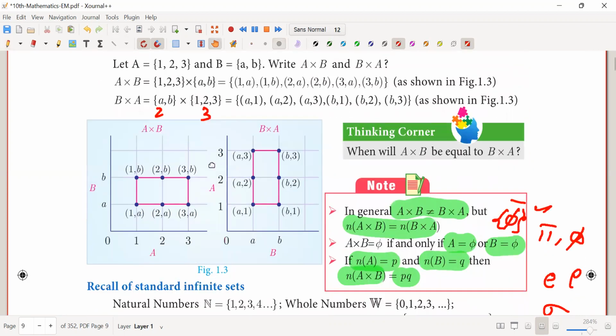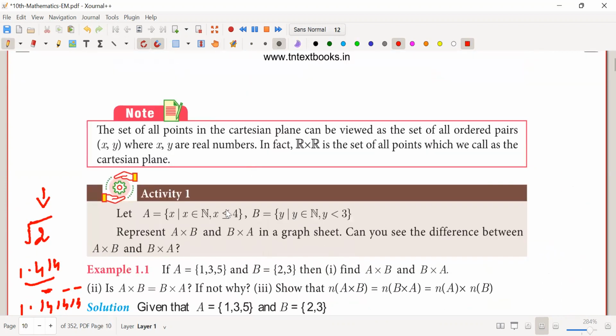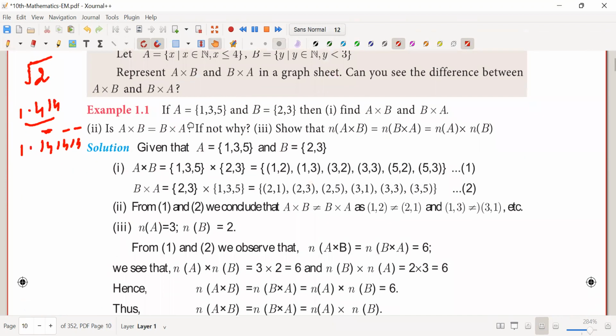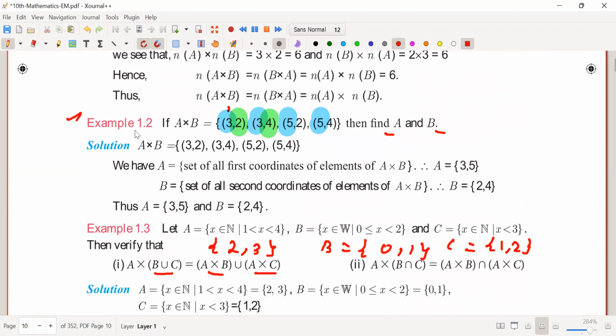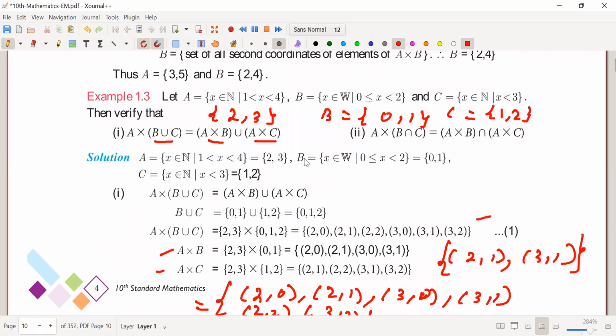Then we'll go to the next set. Here they are given A cross B, and from that we have to find B cross A and the desired requirement. Then example 3, which is related with the exercise.